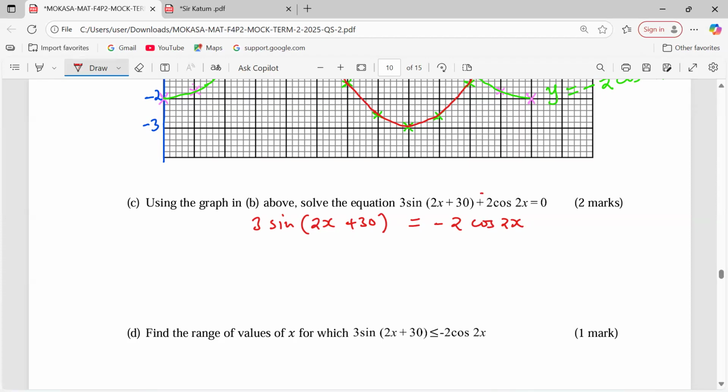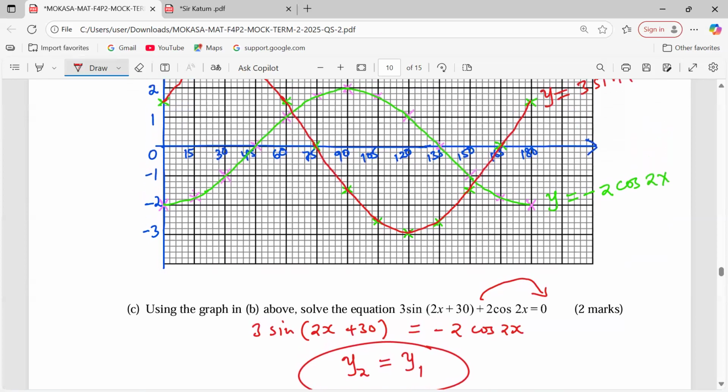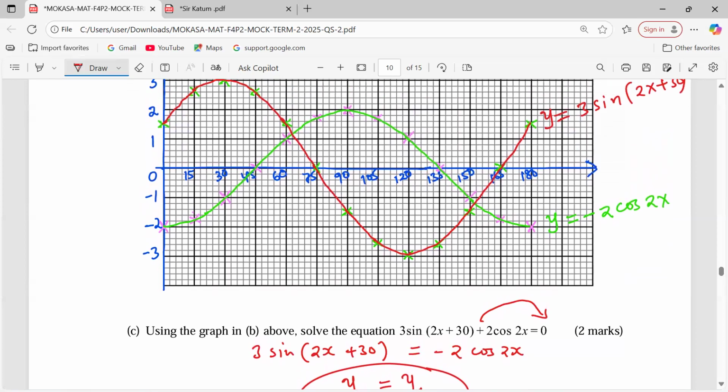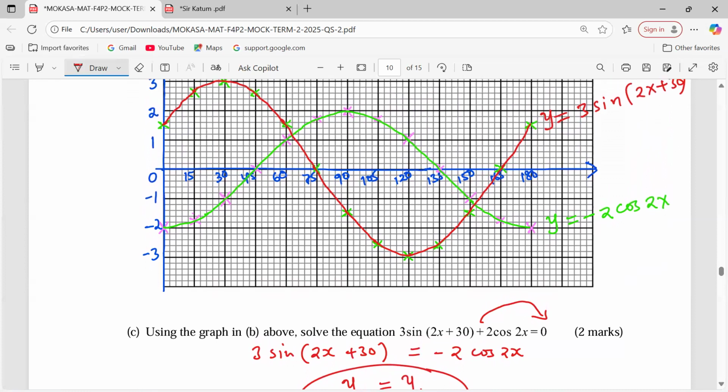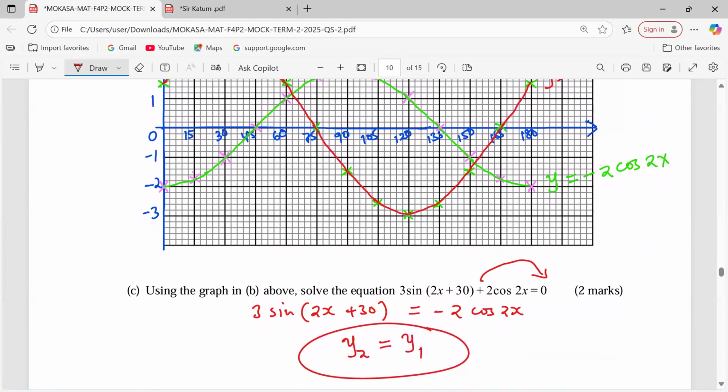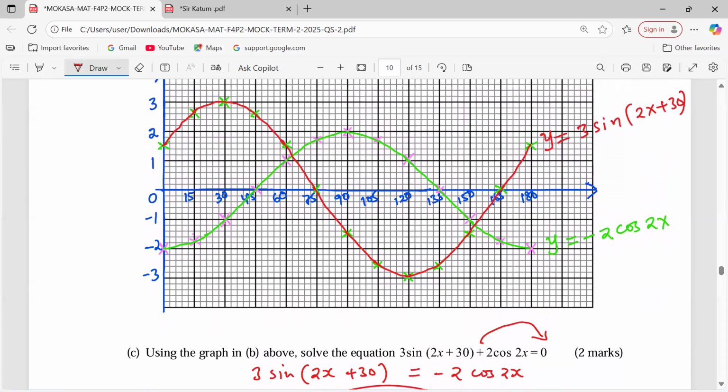But when we take it to this side, you can see that we need the second function and the first function to be equal. So when is the first function equal to the second function? It is at the points where the curves are meeting. At those points, we can read the values of x. So the values of x are at the points of intersection.